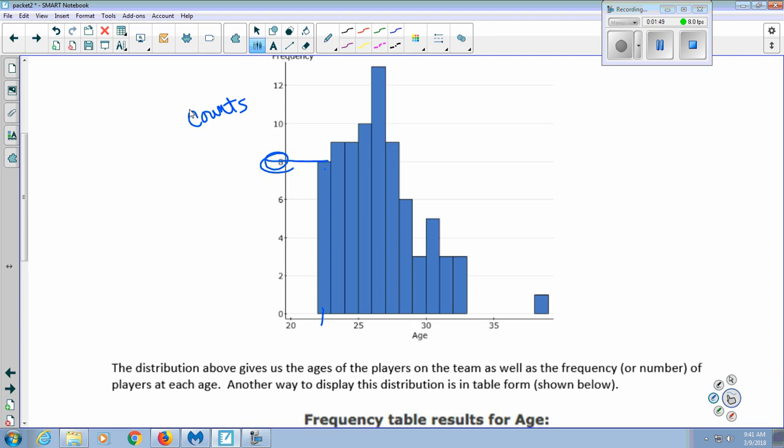And we can read other frequencies off. For example, players who are 25, there are 10 of them. Because here's 22, and then here's the players who are 25.